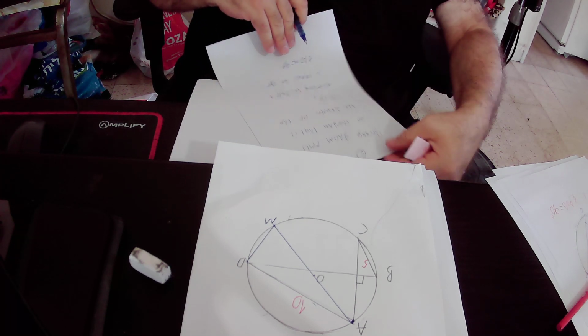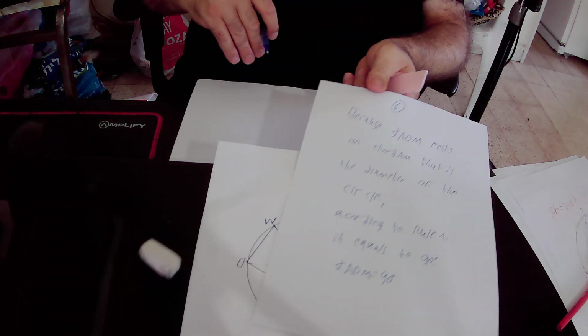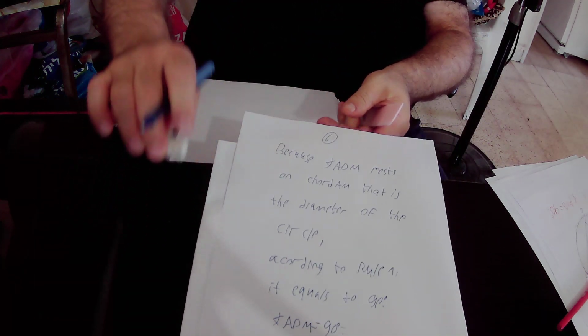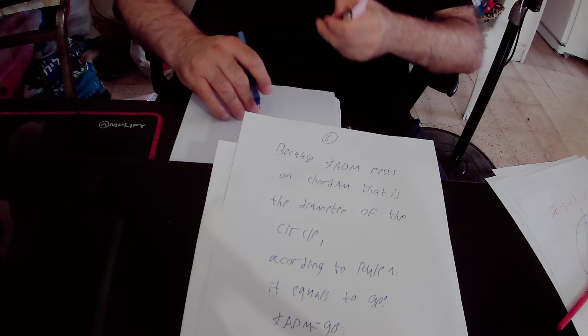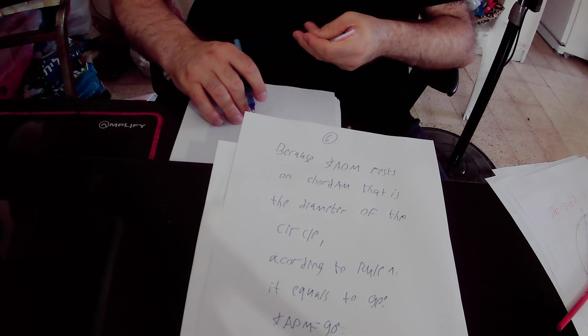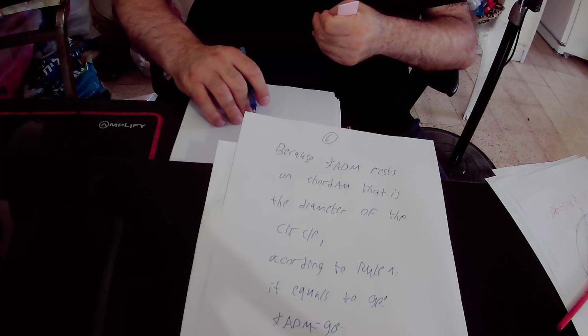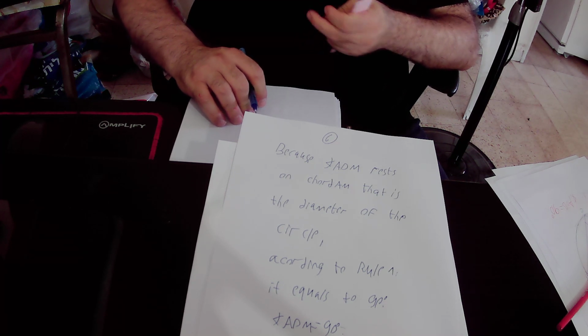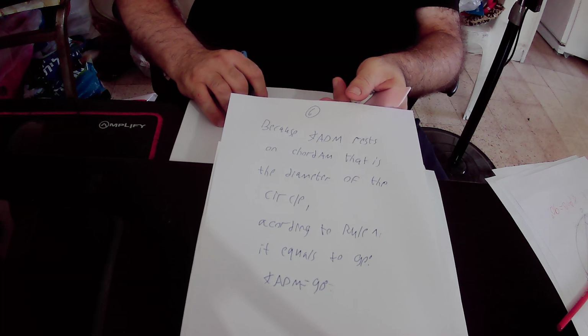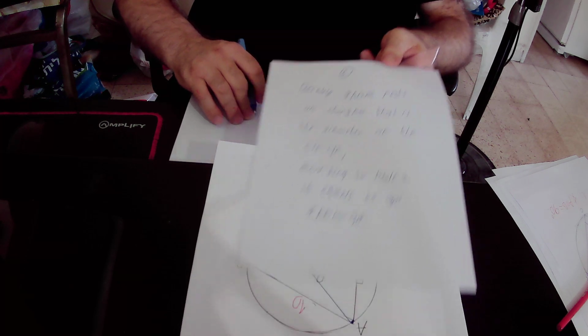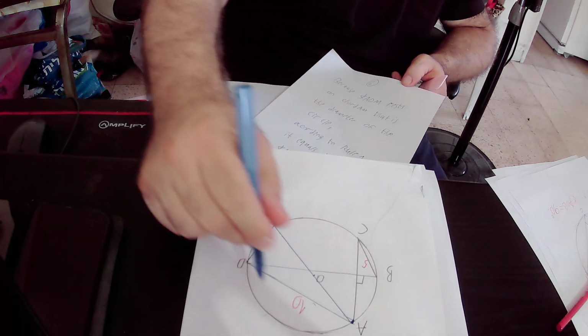Okay, I will read again what I wrote. Because angle ADM rests on chord AM, that is the diameter of the circle, according to rule number 1, it equals 90 degrees. That is to say, angle ADM equals 90 degrees.